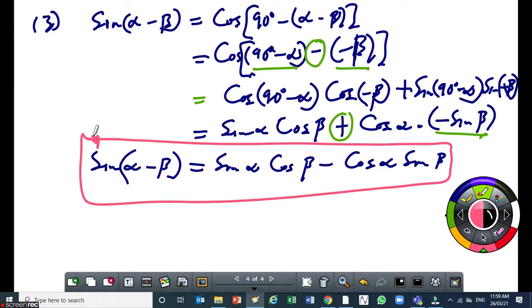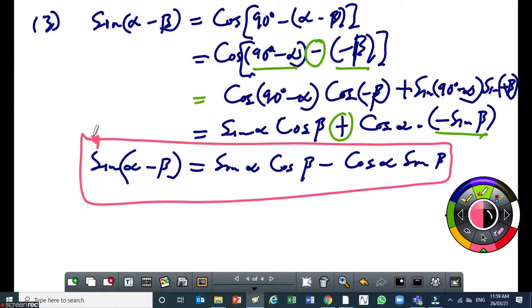Now, I'm going to summarize all of them, all four. I'll start with cos, then I'll summarize with sine and so on. Okay? So the summary is going to be like this. Make sure you pay attention.